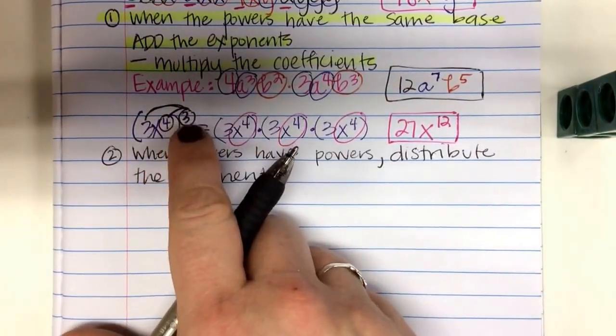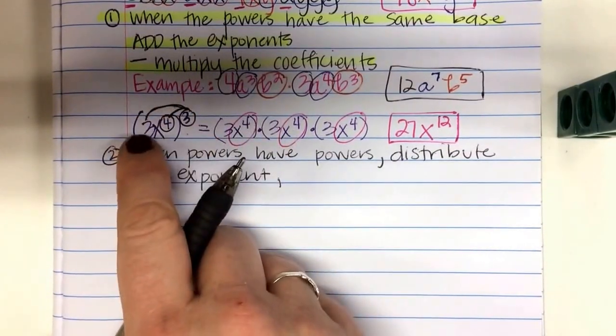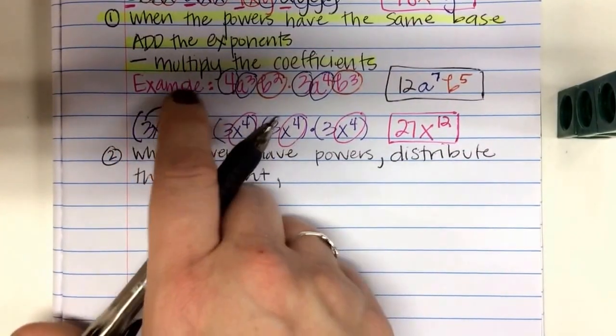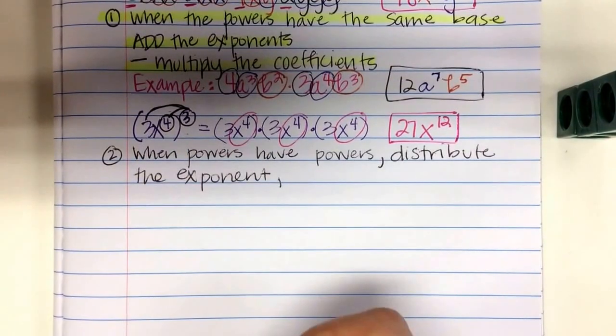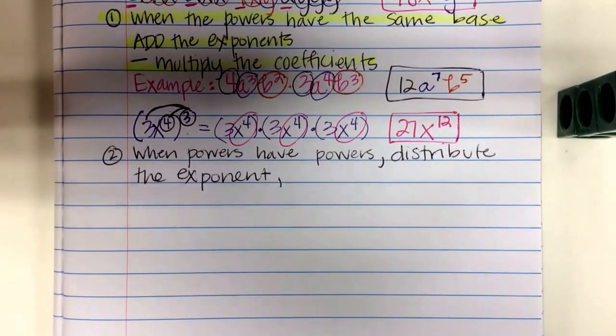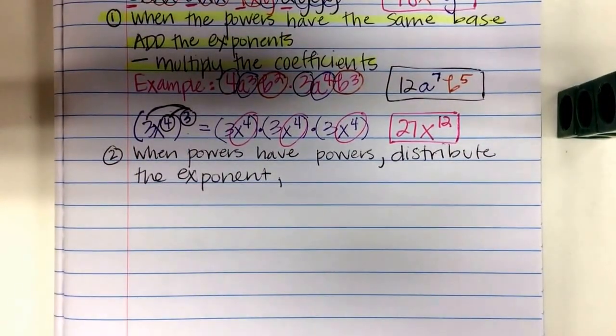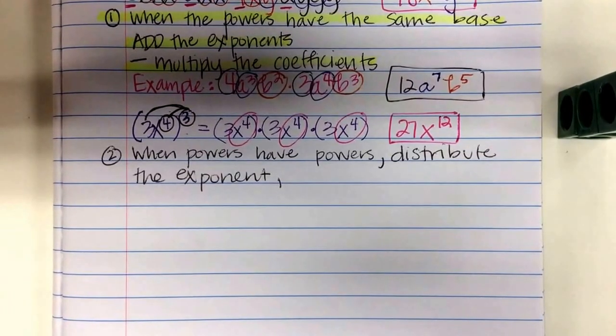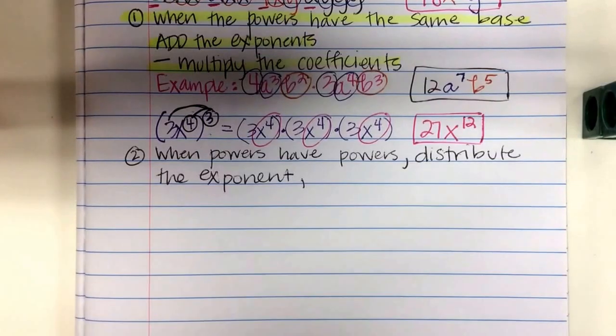That exponent of 3 on the outside belongs to the 3 coefficient, and it belongs to the x. Distribute the exponent. What do you do with the 3 and 4, Jacob?